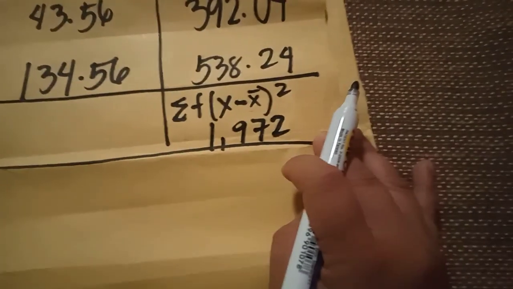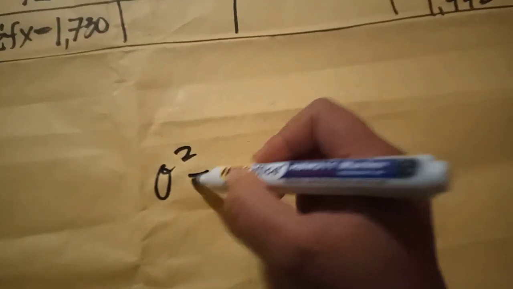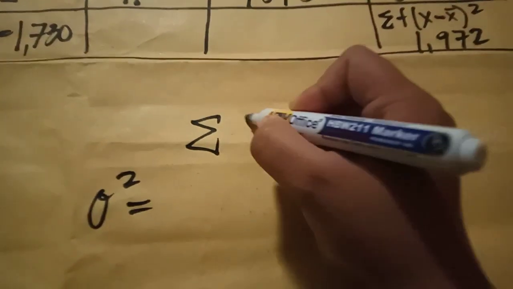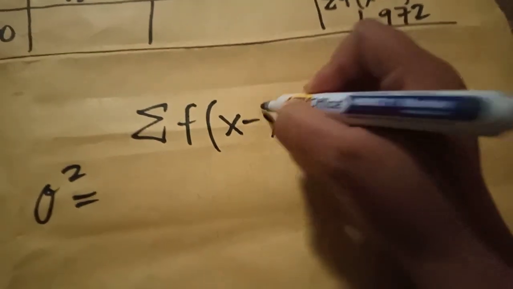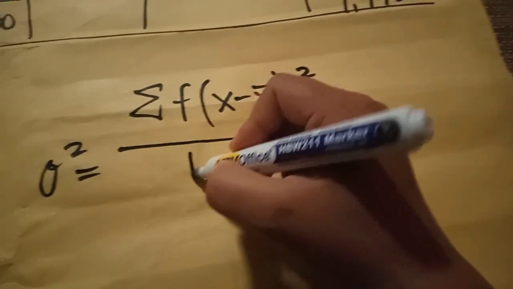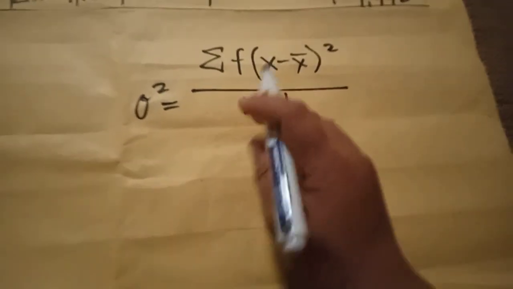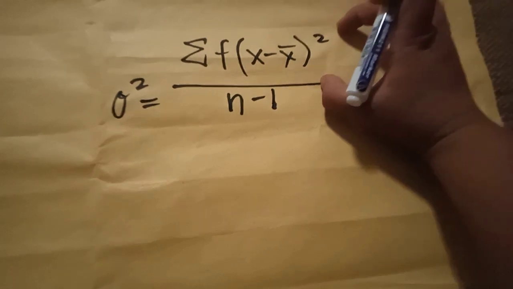Remember the formula we have written before? That will be sigma squared is equal to the summation of f times x minus x bar quantity squared all over n minus 1. So, we have completed the table and we are going to substitute the values.